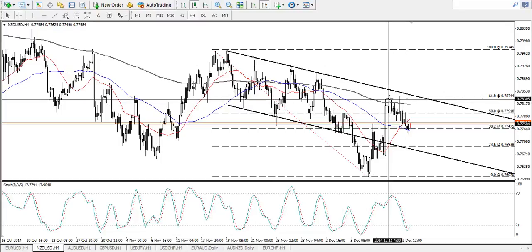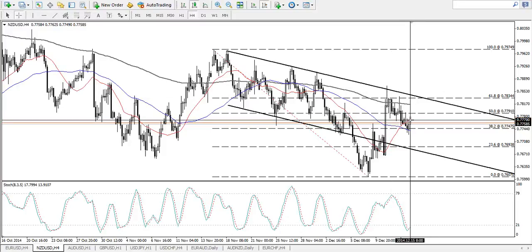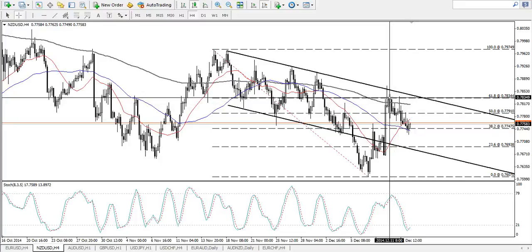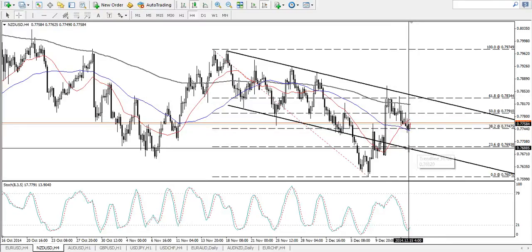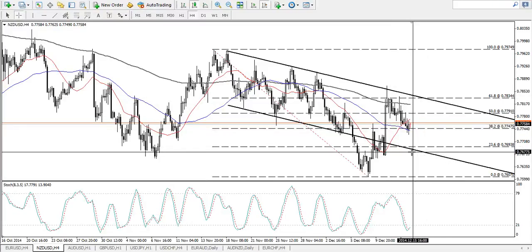You see that price has been resisted at the retracement level of 61.8%, price of 0.7834, and it begins to fall. Price has begun to fall and is moving closer back to the bottom of this falling trend channel itself.